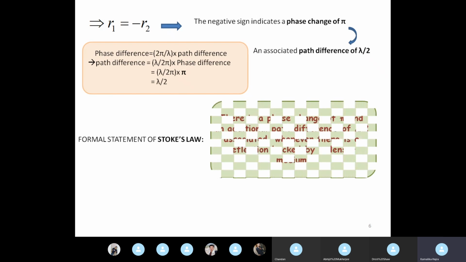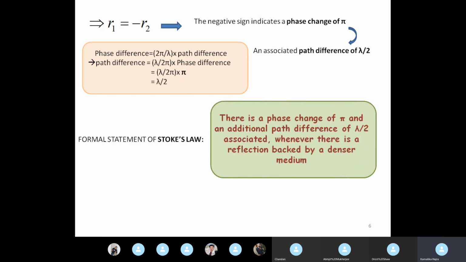What is that? It says that there is a phase change of pi and an additional path difference of lambda by 2 associated whenever there is a reflection backed by a denser medium.